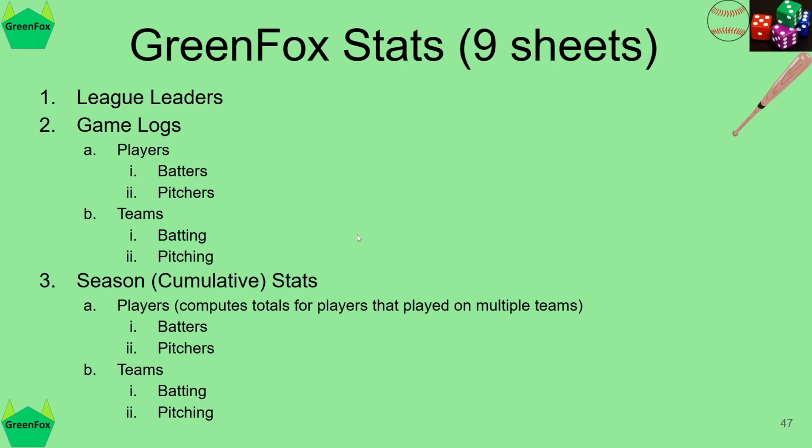One for the league leaders, and then 2 groups of 4. There are the game log sheets, and 4 season or cumulative stat sheets. For each of those 4, they're broken up into players and teams and batters and pitchers, and that's what makes up the 4 sheets for each one. So let's take a look at each of these.